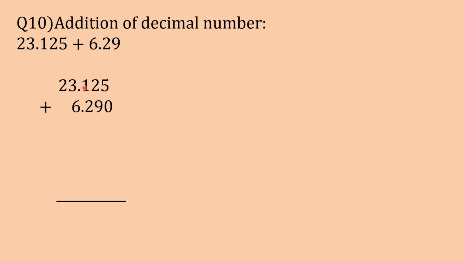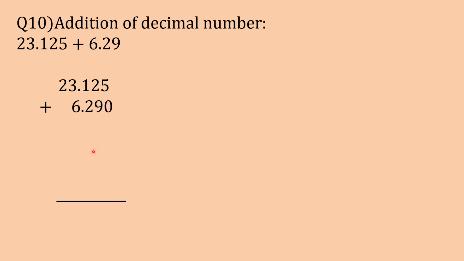Now this 6 will come below 3, because decimal point comes below decimal point, and as 6 is in the ones place, it will be written below 3. Then 6.29: 2 will be placed below 1 and 9 below 2, and below 5 no number is there, only 2 digits after the decimal. So here you can put 0. If you don't put it, it is also okay.